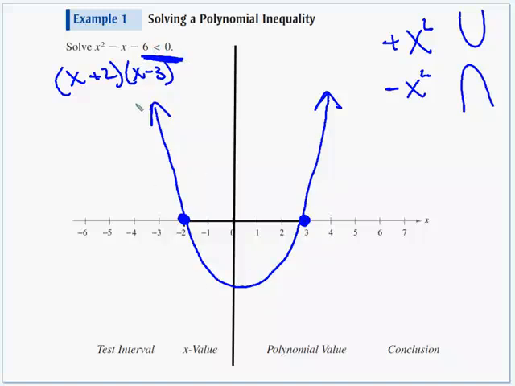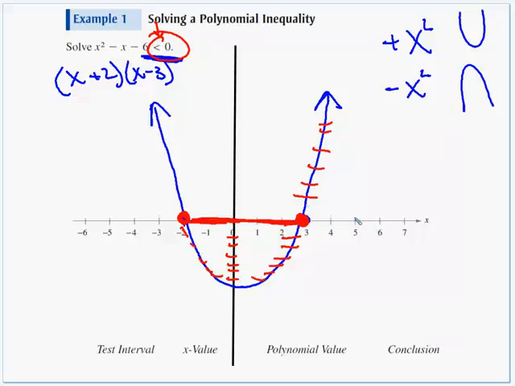Now, if we go back to the original inequality, it says less than 0. Where does this parabola have negative y values? Where are we under the x-axis? Well, the only spot we dip under the x-axis is between the negative 2 and the 3, because all of these values here would hit the negative part of the y-axis. We cross at the zeros at 3 and negative 2. After that, we are now positive. We're now greater than 0, which would make that a false statement.